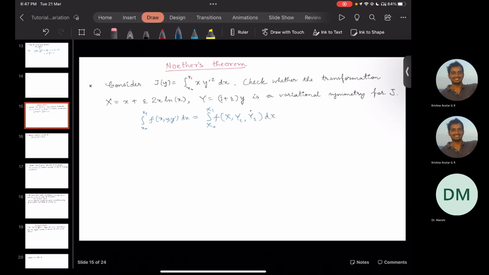If this relation holds, then we call it variationally symmetric, which means that even after the transformation, the nature of the function remains the same.